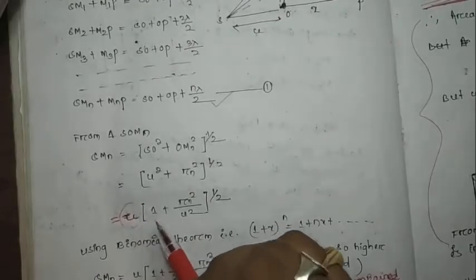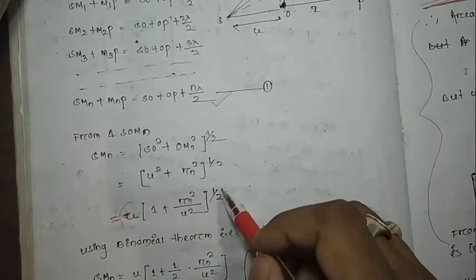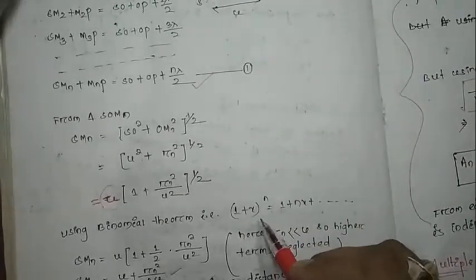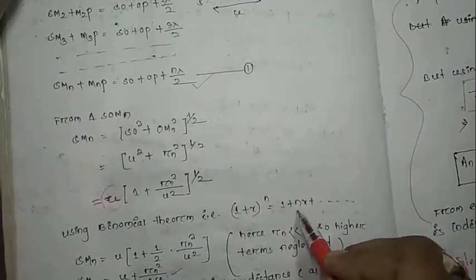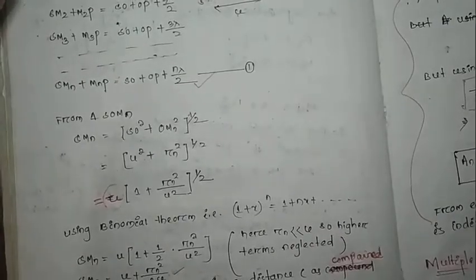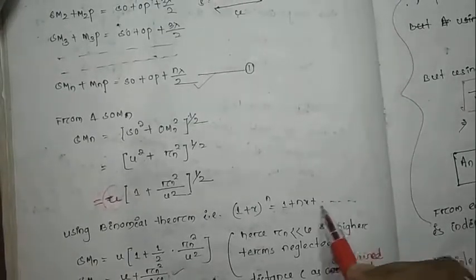So u into 1 plus Rn square by u square, root over. Using the binomial theorem, (1 plus x) to the power n is 1 plus nx plus higher terms.